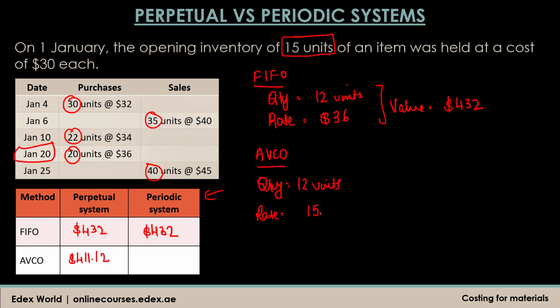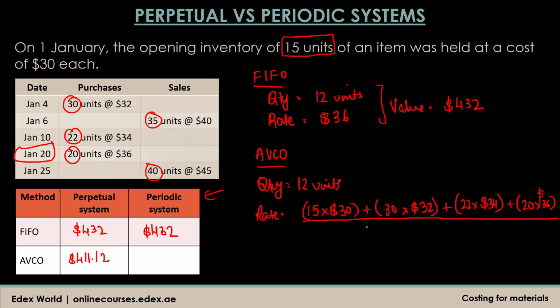So opening, there were 15 units into $30 plus, then received 30 units at $32 on Jan 4, then received 22 units into $34, and then finally received 20 units at $36. The total, I will be dividing it with 15 plus 30 plus 22 plus 20. That's the total of quantity actually.